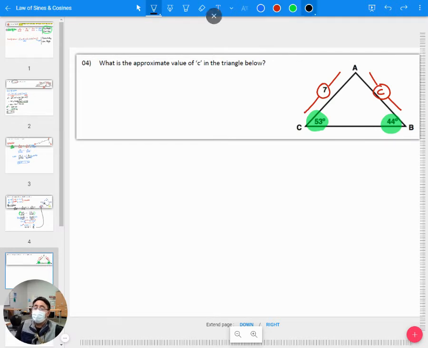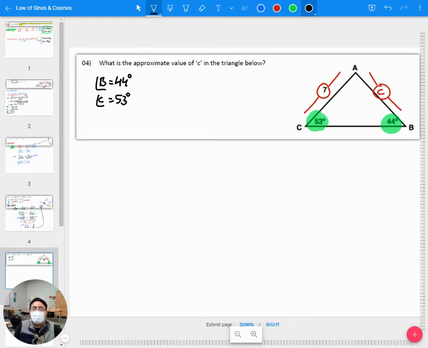First of all, you have to identify whether you have to use law of sines or law of cosines. Angle B is given as 53 degrees, and angle C, my bad, it's not 53 degrees. Angle B is 44 degrees and angle C is 53 degrees.